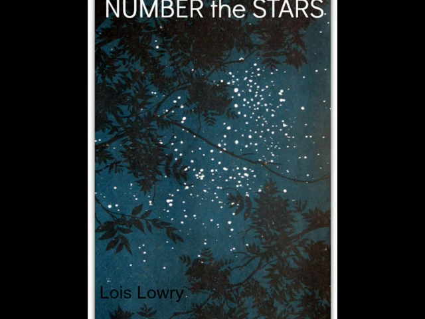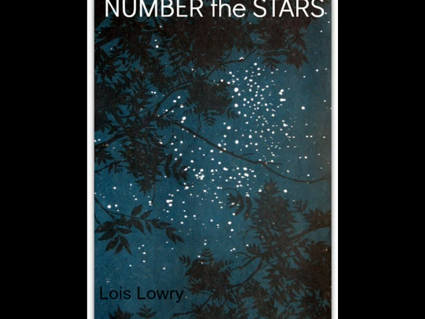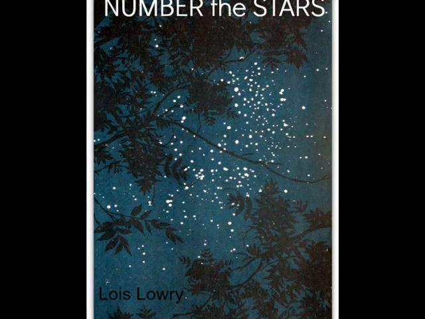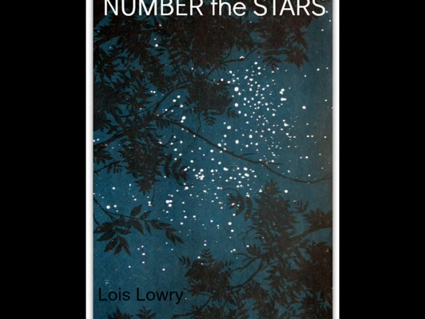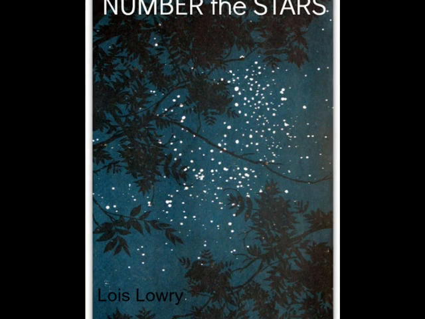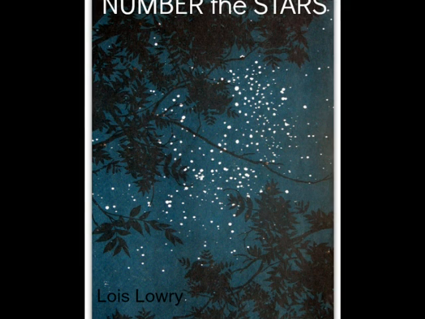6, for important symbols, well, considering that there's a lot of stars on the cover of the book, I'm going to put stars down. 7, what are some of the main events? Well, I have to guess about that, but I'm going to say that the main character will try to understand the stars. 8, a theme of the book.